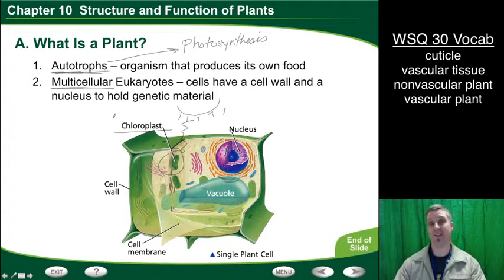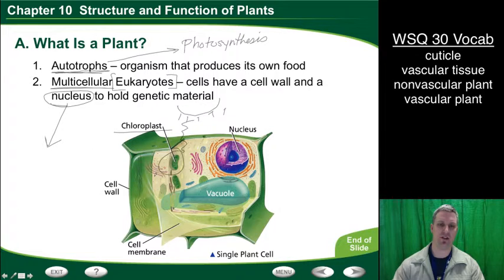Multicellular means they have cells built into tissues, that are grouped into organs, that are grouped into organ systems. They're also eukaryotes. If you haven't figured this word out yet, guys, you need to commit it to memory. Eukaryotes have a nucleus to hold their genetic material.